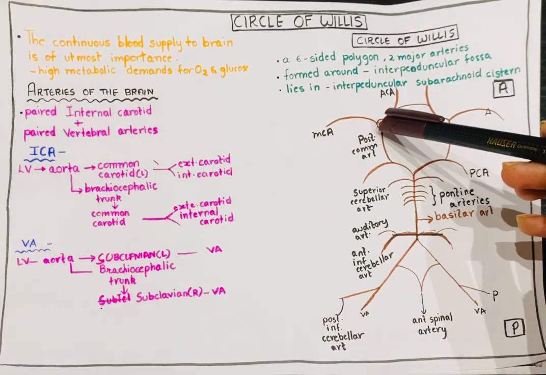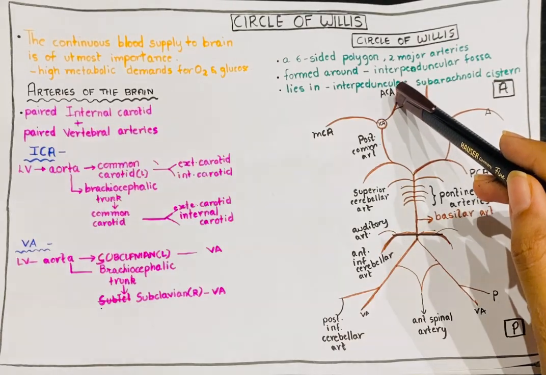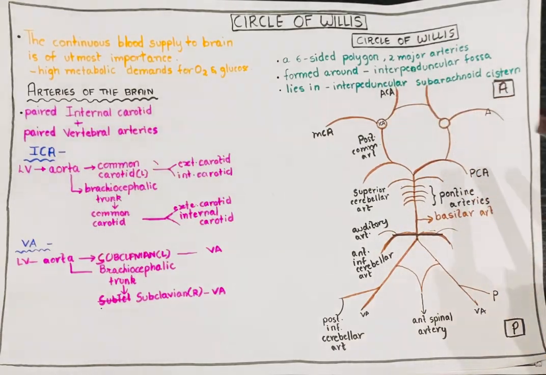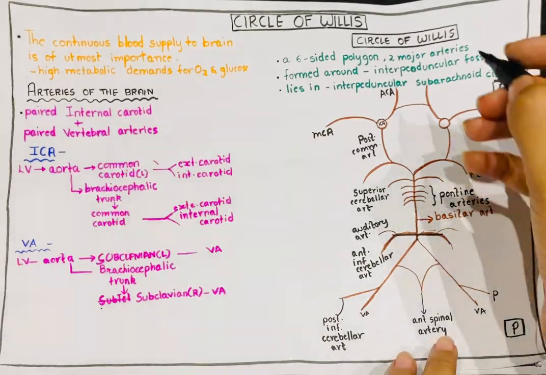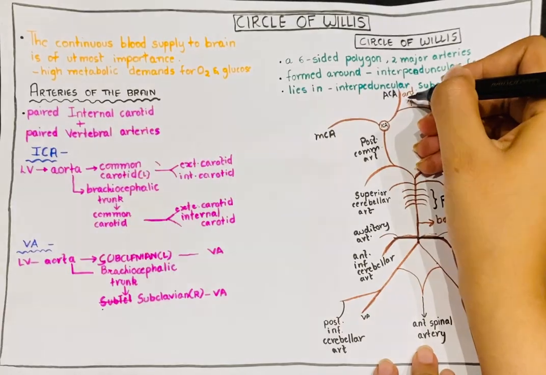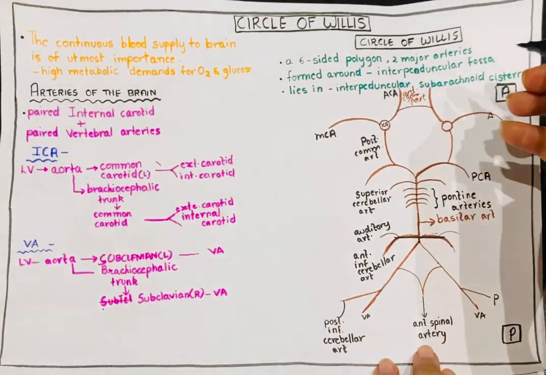Again, the internal carotid artery is going to give off the anterior cerebral artery, the middle cerebral artery, and the posterior communicating artery. Now, in between the anterior cerebral arteries on both sides is another vessel which is known as the anterior communicating artery.